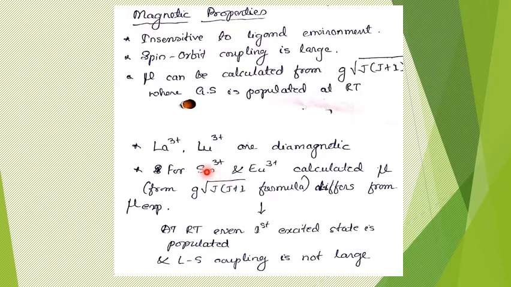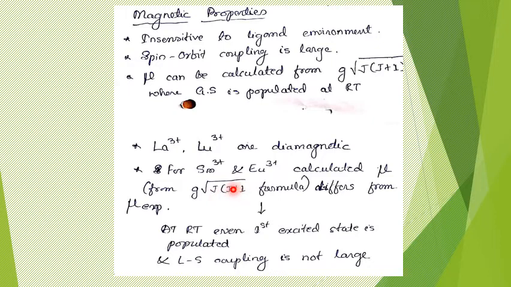The reason being, in these two cases, as I have said, this formula, g into square root of J into J plus 1, is adopted when the ground state is populated. But in these two cases, what you can expect is that at room temperature, even the first excited state will be populated. So if you make use of this formula, you will be taking into consideration the ground state g value, ground state J value, or ground state L value and ground state S value.